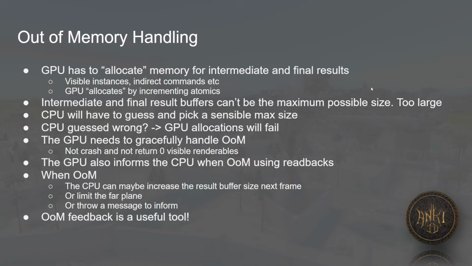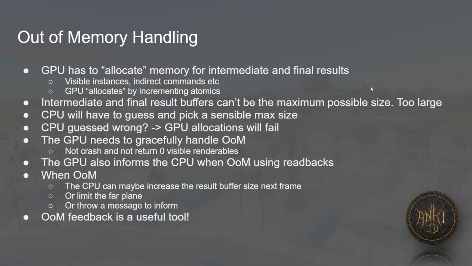This result buffer can't actually be the maximum possible size because the scene might be very dense, and we cannot allocate the maximum because it can be extremely large. So what we do instead is that the CPU will have to pick a sensible max. So it says, for example, that the maximum allowed memory that will be used for visibility results can be like 1 megabyte.